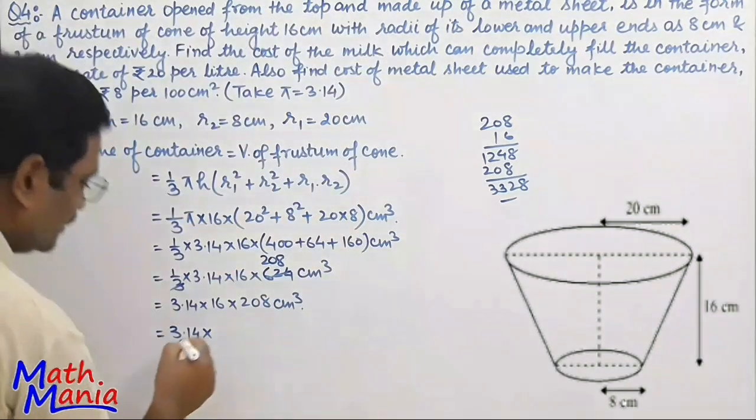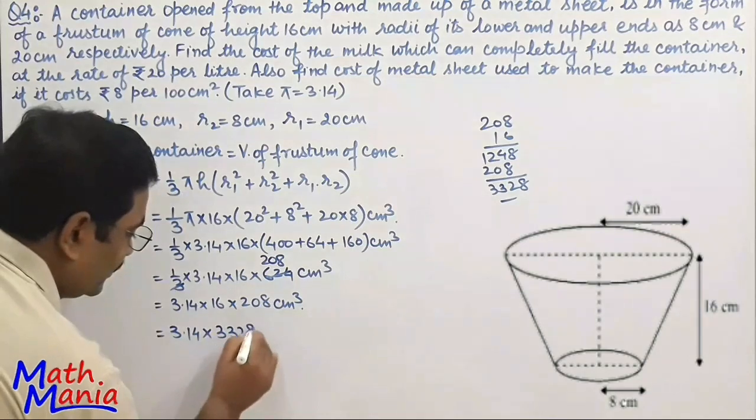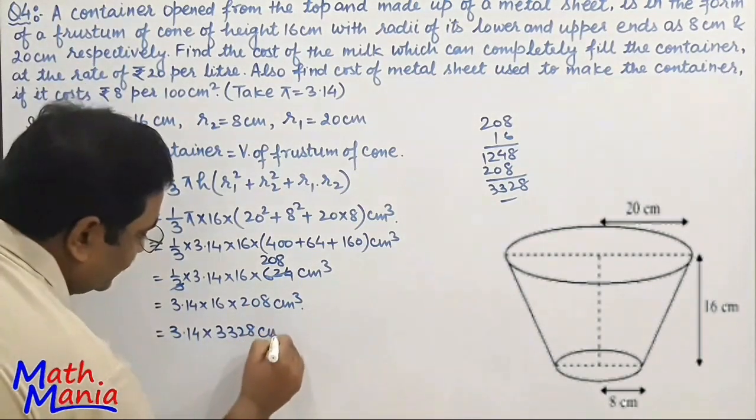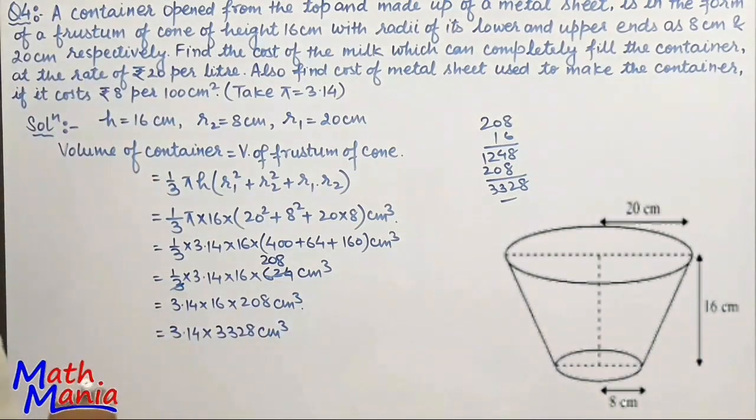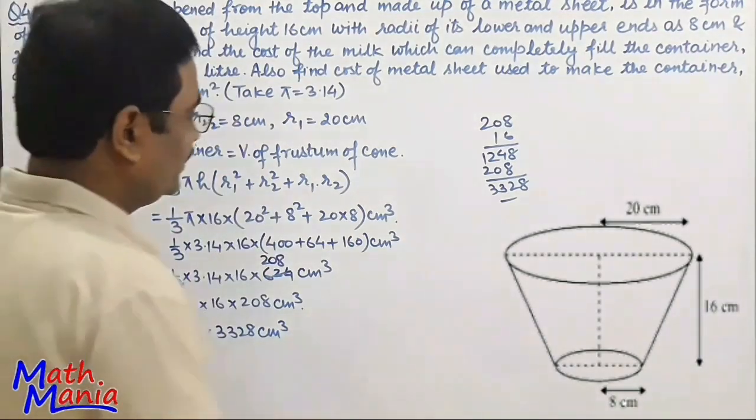So we got 3,328 cubic centimeters. Okay friends, so now this 3,328 can be multiplied by 3.14.